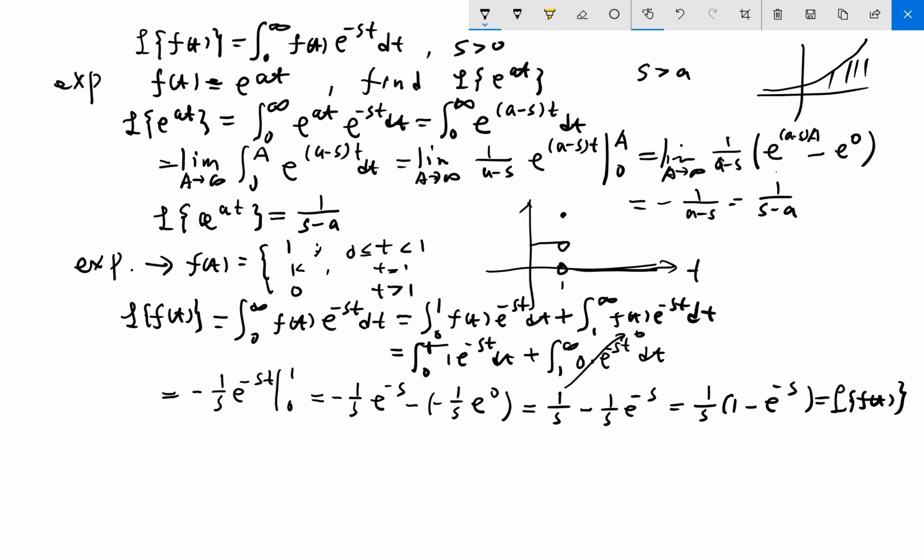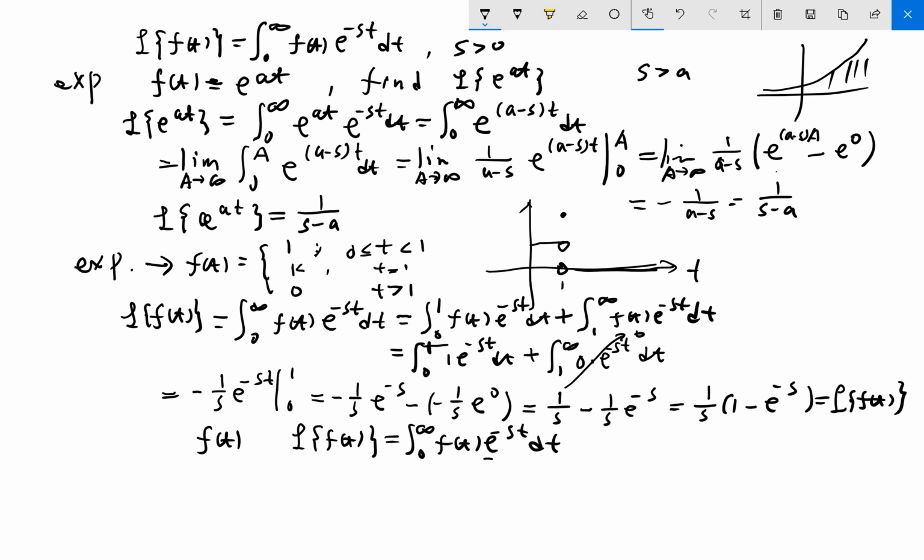Now let's summarize what we learned in this video. If you give me f(t) to find its Laplace transform, what do you need to do? Just do this improper integral. This improper integral may not always converge.